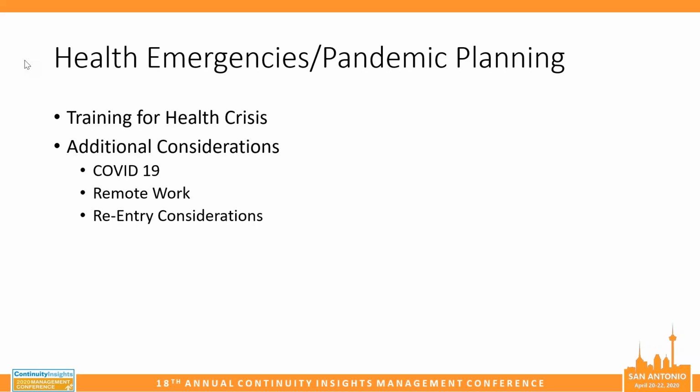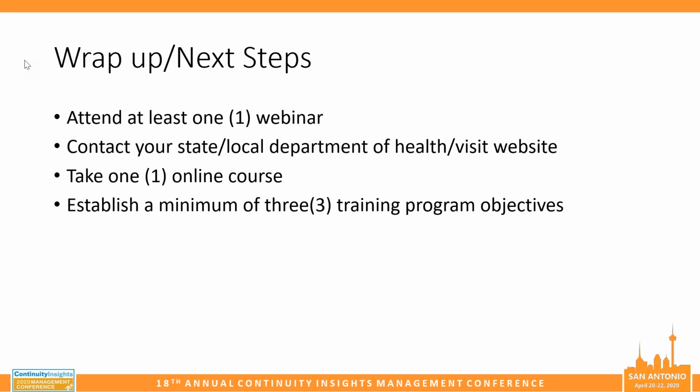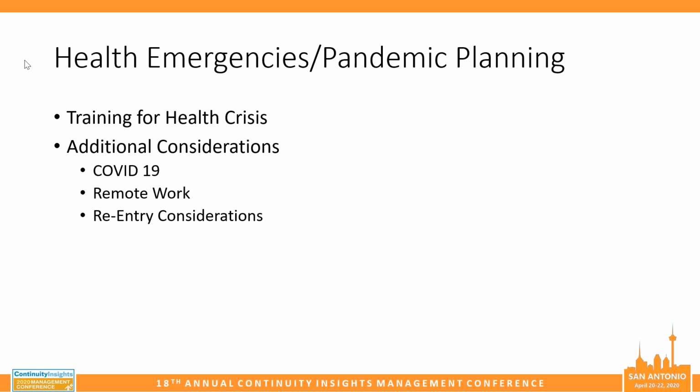And again, I want you to, as an extra item, in addition to the things I just shared, here in the wrap up, as a part of the health emergencies and pandemic planning, become knowledgeable of this. And as I've mentioned, the time is right to do it. You can go out and look at all the information that's available. And things to consider, especially in 2020, if you did not already have this in place in your business continuity plan, now is the perfect time to add this as an item.